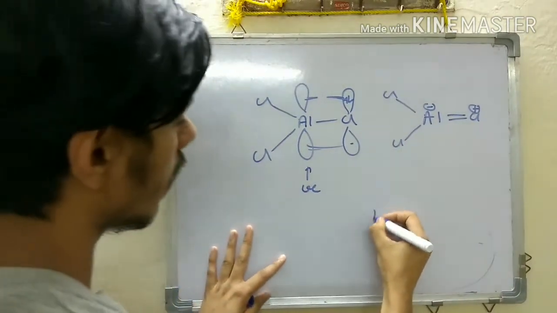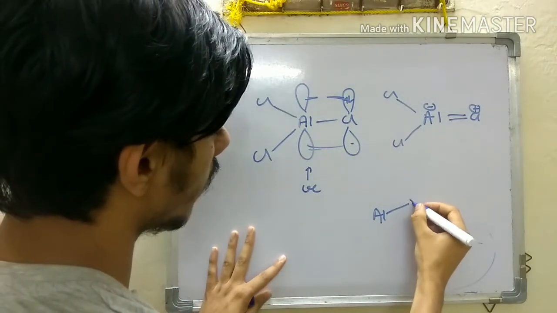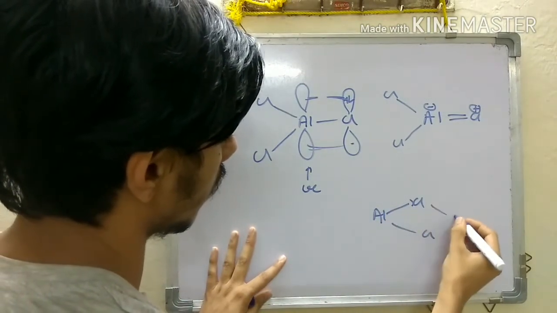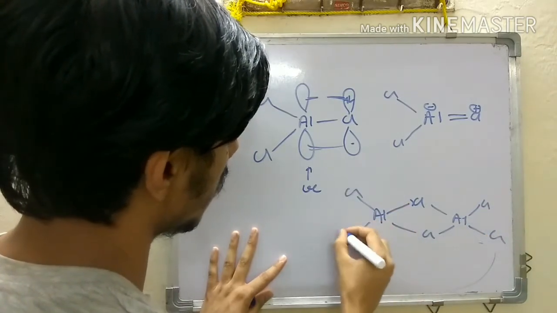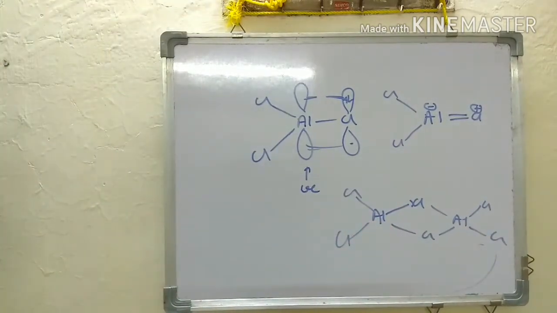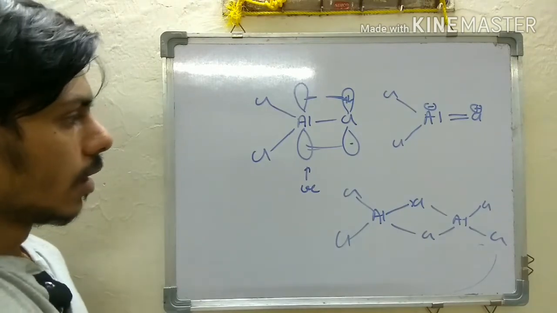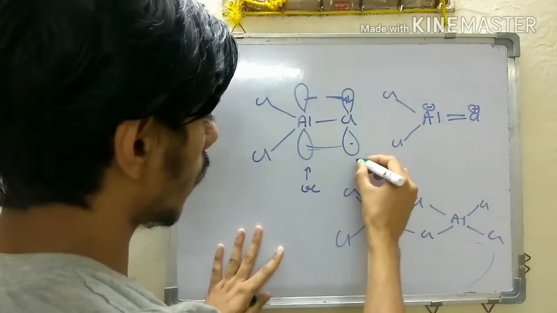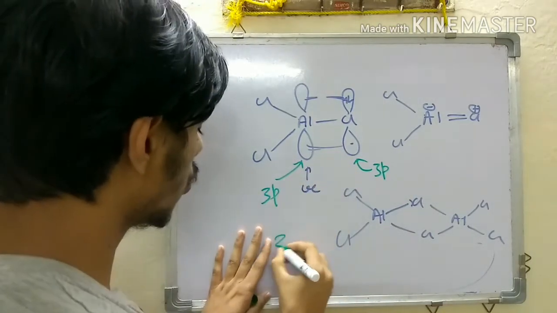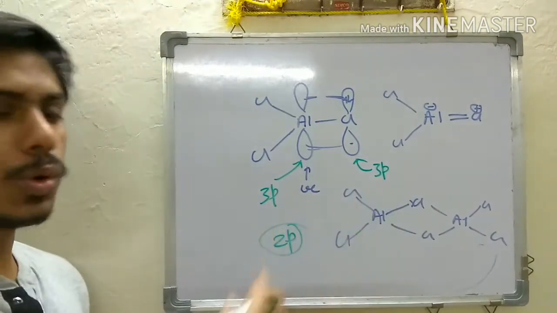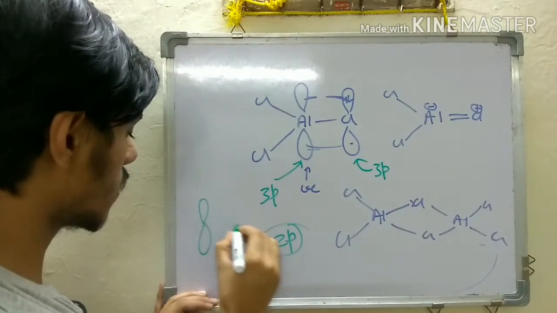But actually, aluminium chloride exists as a dimer, right? So they exist as this type of dimer. Why is this? Because if you consider the size of the orbital, it is a 3p orbital, and it is also a 3p orbital, and up to 2p orbitals the pi bonding is very weak.